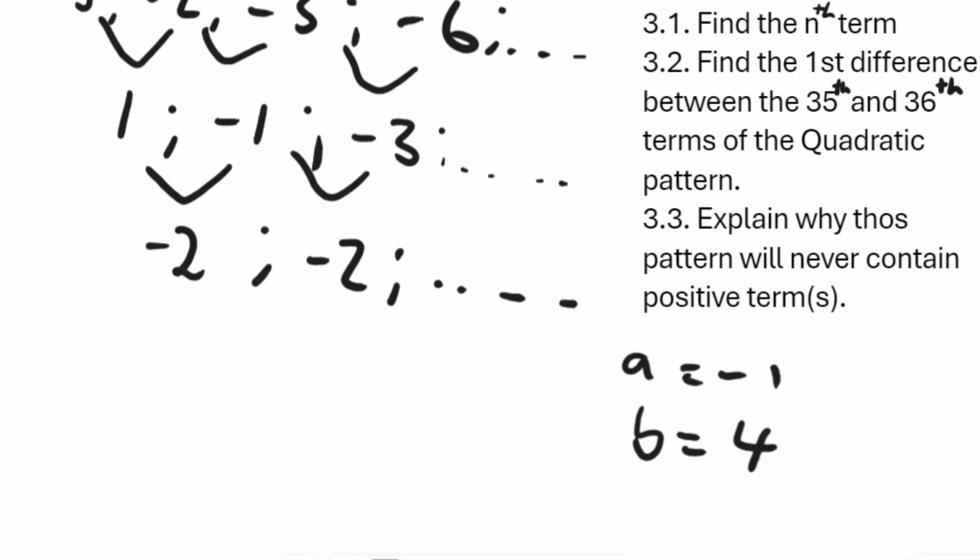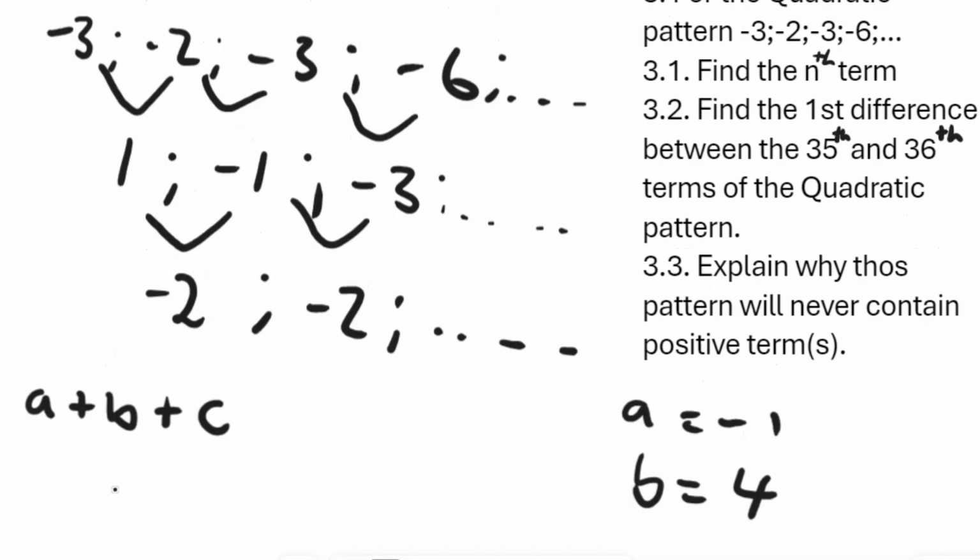Let's find our c. We can just use a plus b plus c. The first term of the quadratic pattern is just minus 3. Now we have c being equal to minus 3, and we subtract negative 1. Minus negative 1 tends to be positive 1.